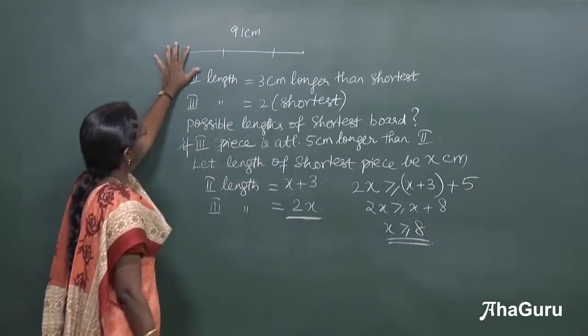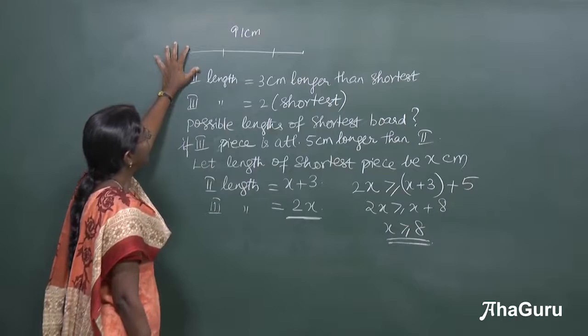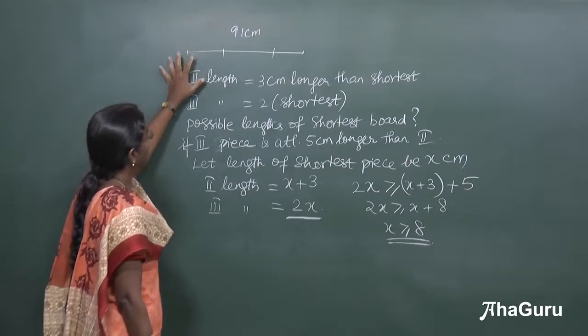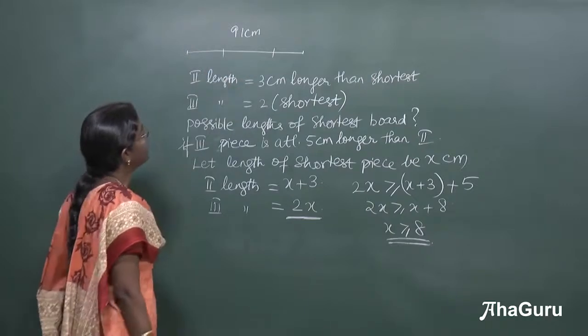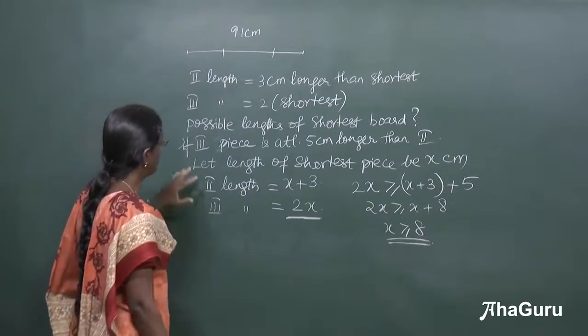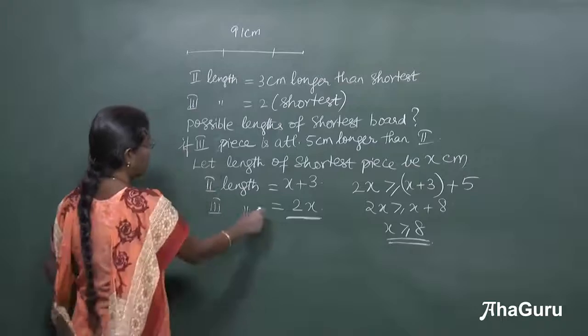Now, the entire sum is going to be equal to 91. That is sum of all the three lengths, that should be equal to 91. So, if I add all the 3, what do I get?